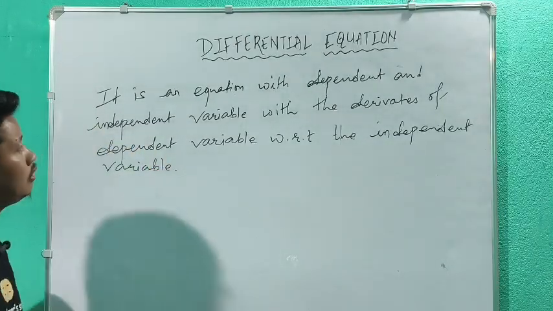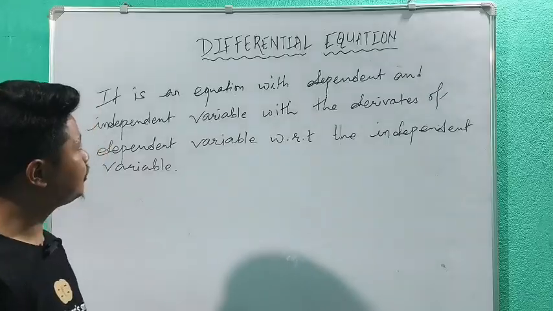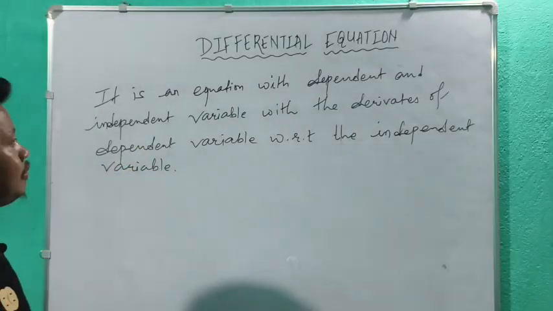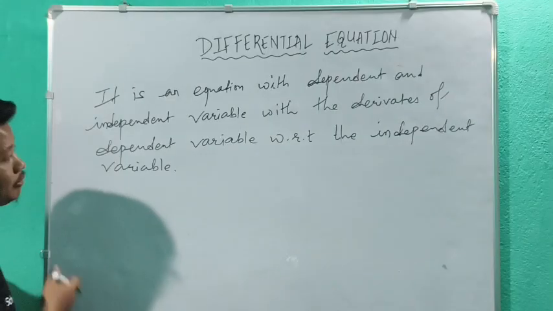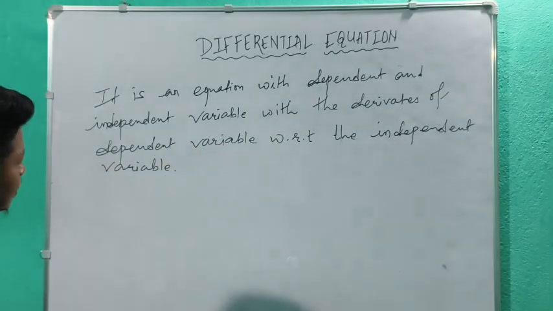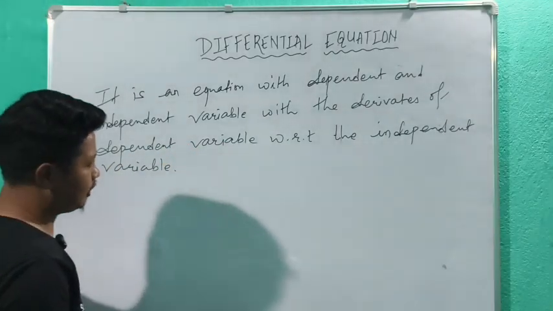So this is the definition of a differential equation. A differential equation is an equation with dependent and independent variables, with the derivatives of the dependent variable with respect to the independent variable.